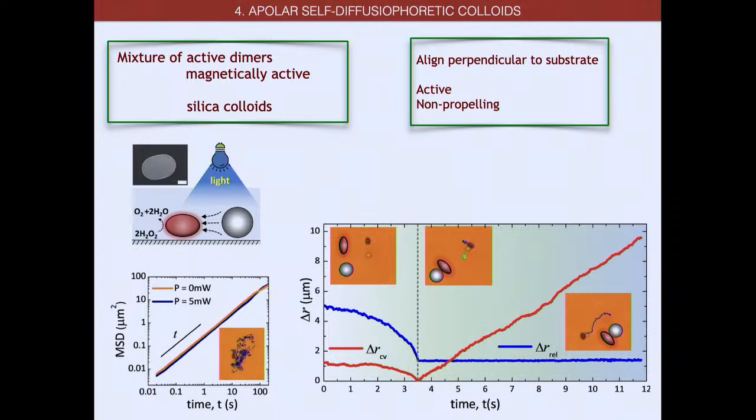What I wanted to discuss now is what happens when we have a number of these colloids instead of one. It's another experiment, motivated by other experiments, where the active colloids are covered with platinum and decompose hydrogen peroxide. Here I will assume that we can use this Anderson picture.